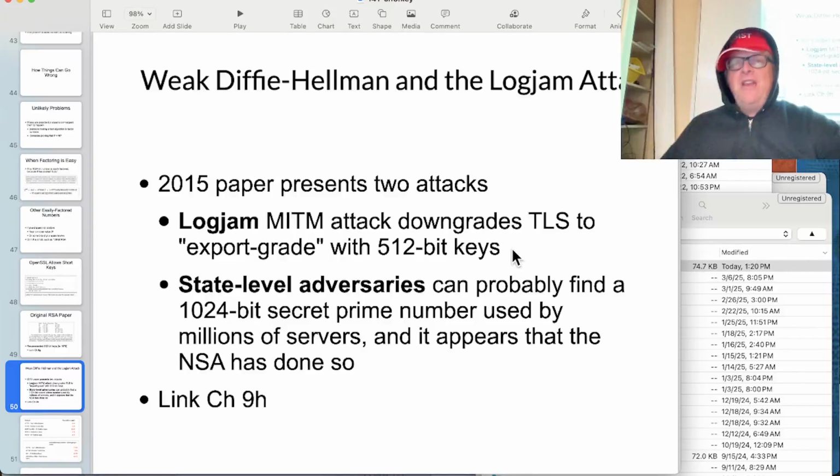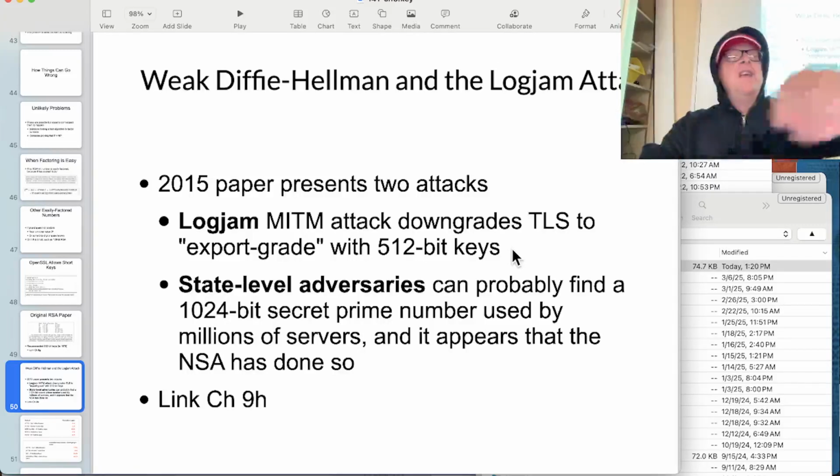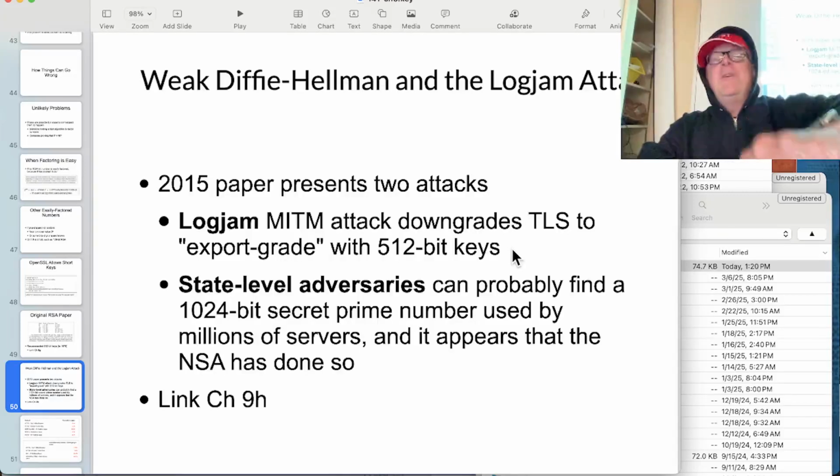So now the internet is full of machines running these N versions of Windows that can only use weak encryption.